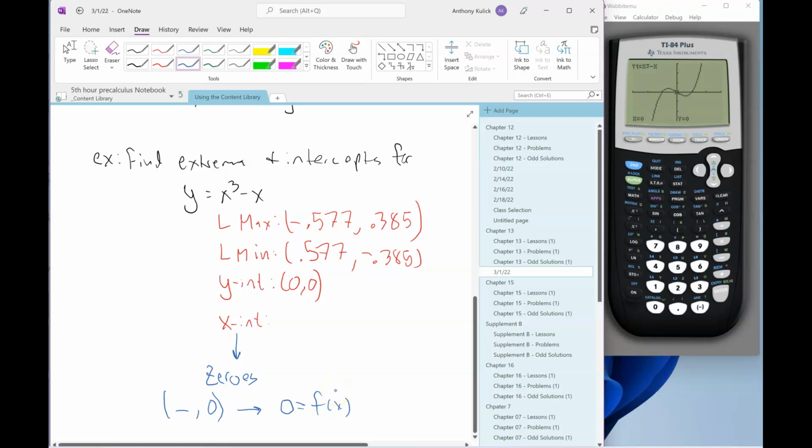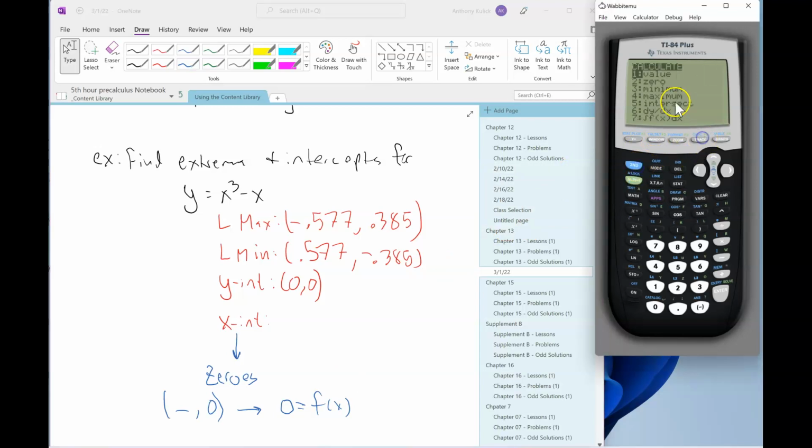That's why we sometimes refer to them as zeros, and that's the notation your calculator is using. So if I press second and trace, I look at the second option, there's the 0 command. That's what I'm going to use to find those x-intercepts, or zeros, for the function. We use those two terms interchangeably.